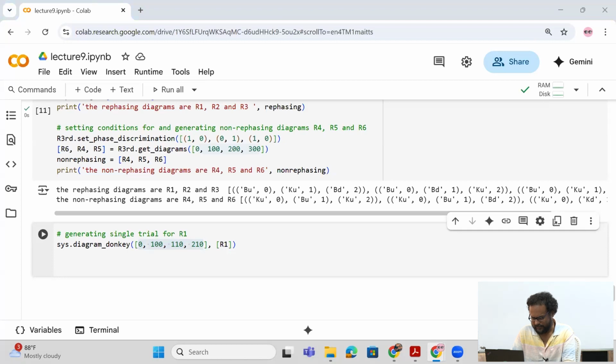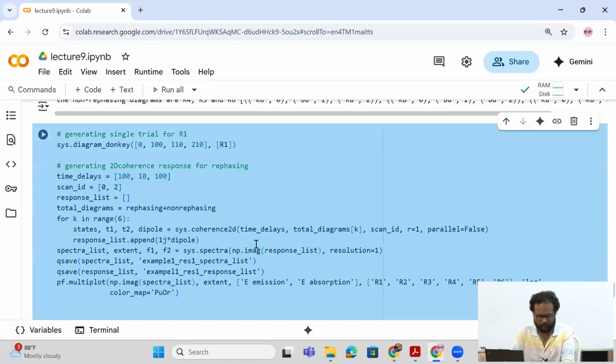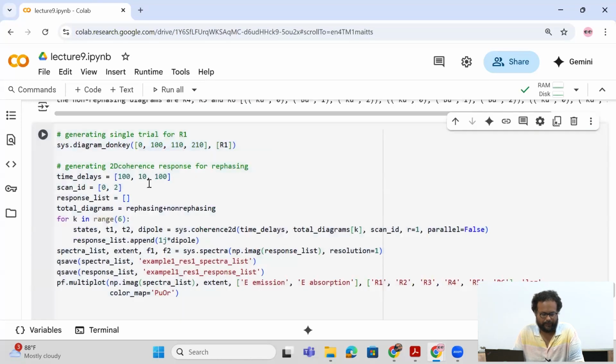Okay, so let's go into this. Okay, generating 2D coherence response. We have certain time delays, and because you need to generate some response function.